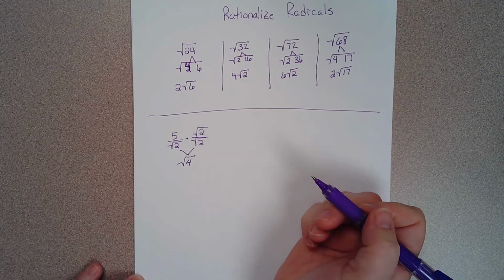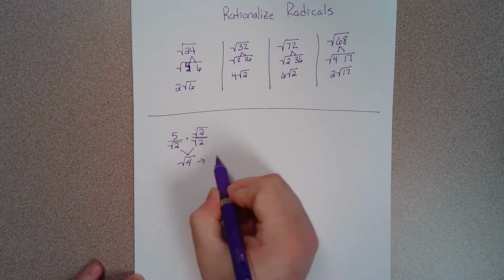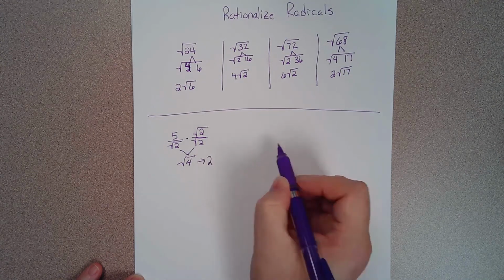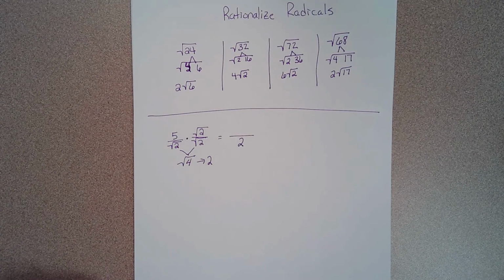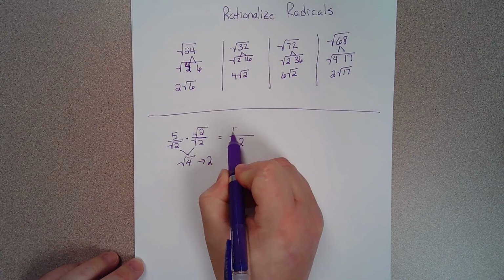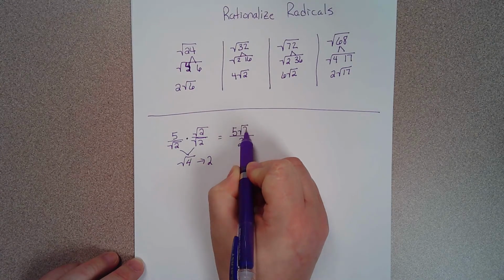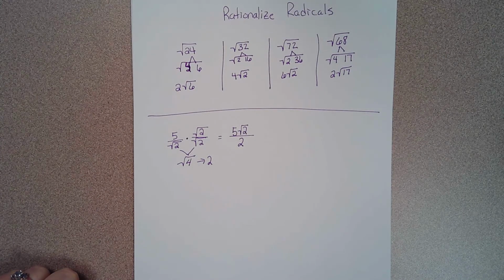The square root of 4, we know, is 2. So now my denominator is just 2. It dropped the radical. On the top, there's nothing we can do about that. 5 and square root 2 have nothing in common. We can't break it down. We just write them side by side because it's held by multiplication. And a number out front of a radical means that it is held by multiplication.